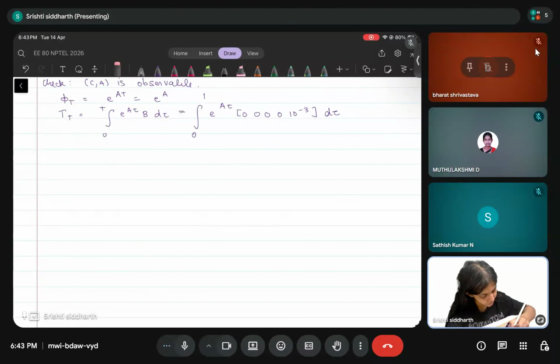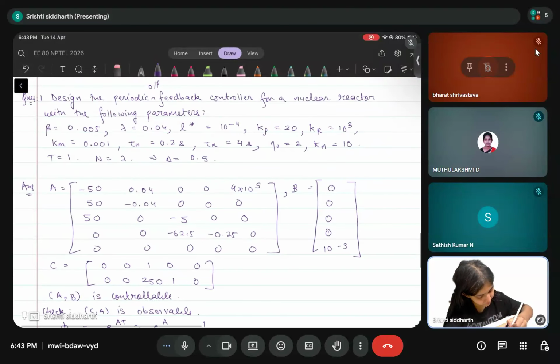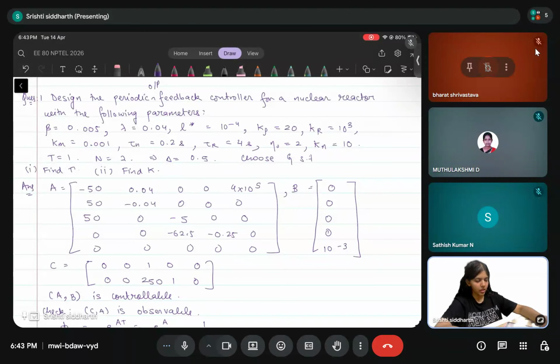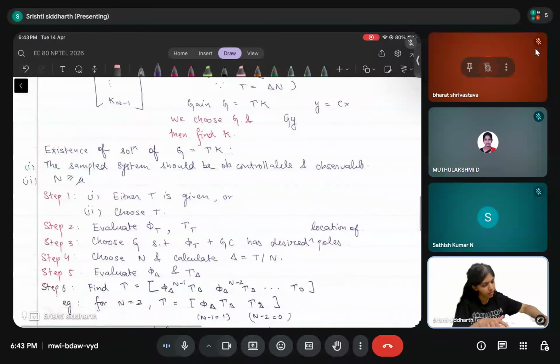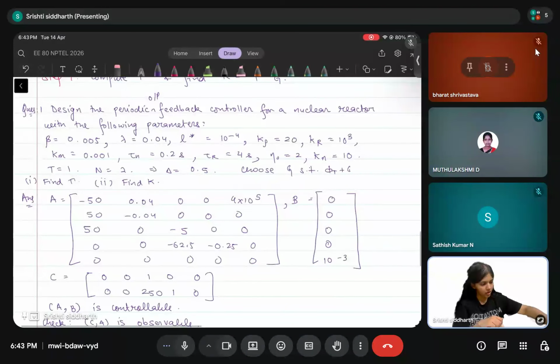Okay, so there are two parts to this question. Find phi and gamma. And then choose G such that the closed loop system, phi of T plus GC, has desired eigenvalues or desired poles.